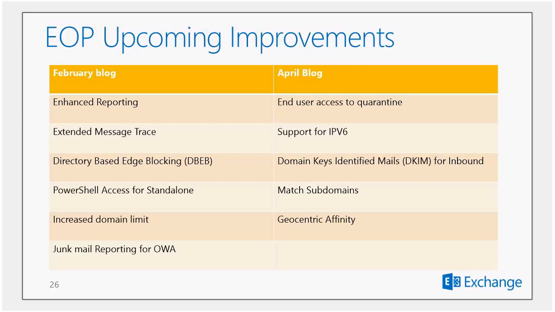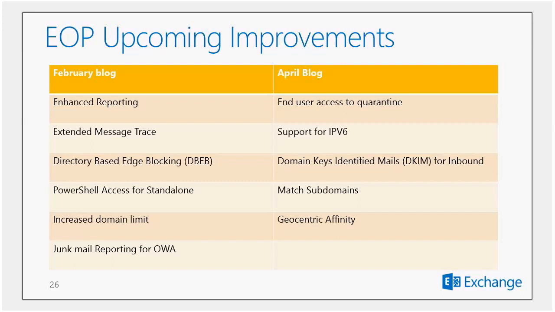Now we are increasing that to 900. So 50% increase there. And this is across Office 365. So it should work everywhere except for Lync for now. And finally, we also talked about the junk mail reporting for OWA, which was available earlier for Outlook, but it's coming to OWA and is also available in our SP1 release. In April, which is the time frame that we'll get to MEC, we also are going to announce some new enhancements, and some of them are listed out here.